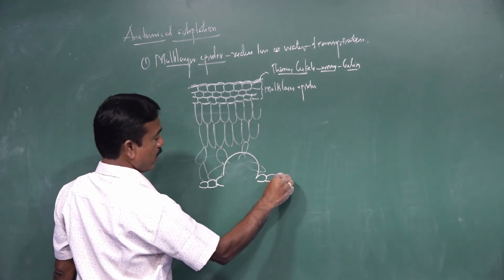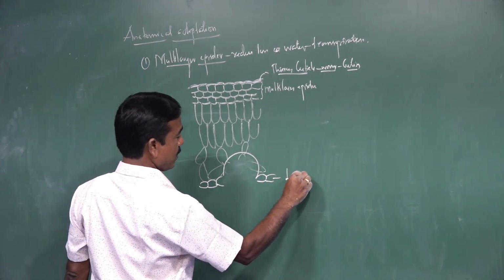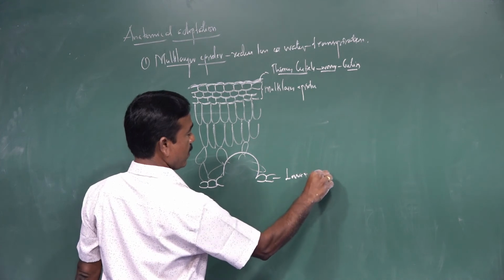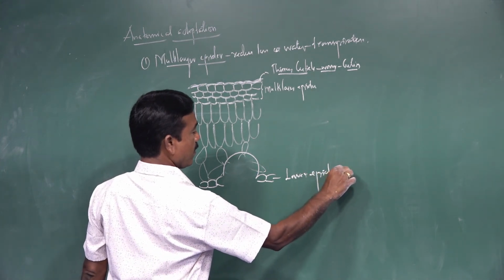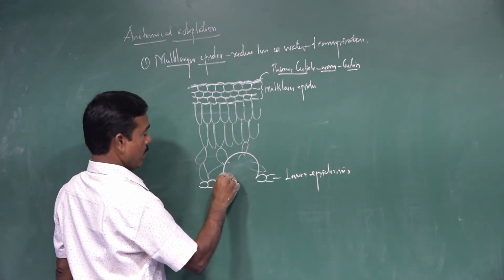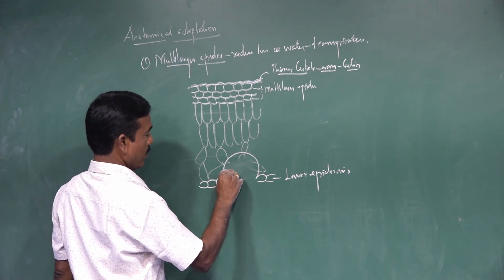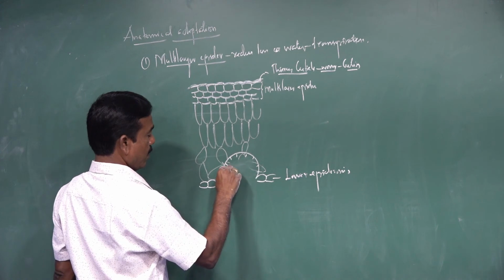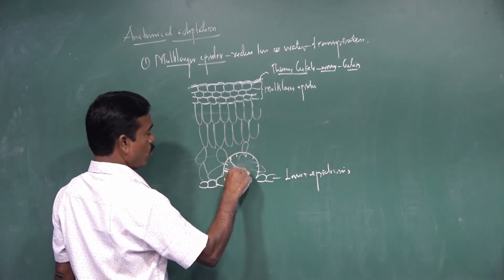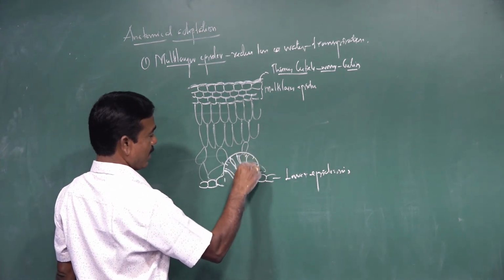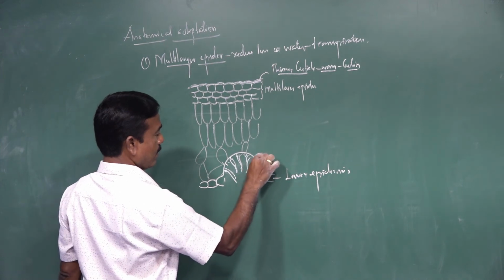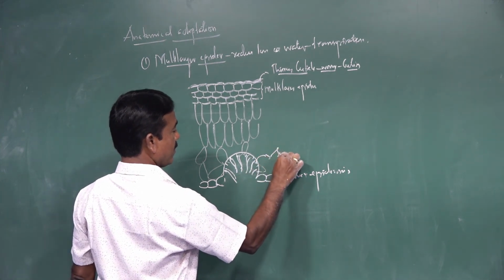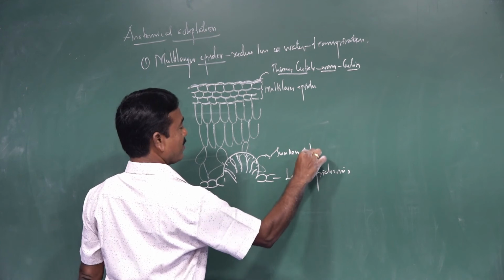This is the lower epidermis. Here, many hair-like outgrowths are present. That is commonly called as sunken stomata.